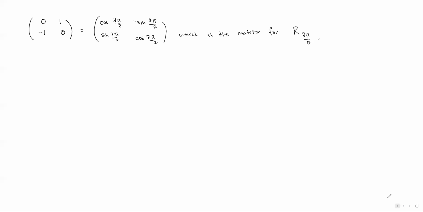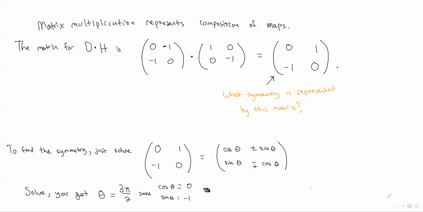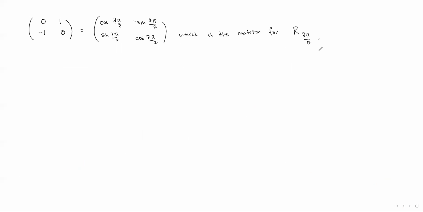If you go back and look at the description for rotations and reflections, this exactly matches the matrix for R 3 pi over 2. So D times H is R 3 pi over 2.